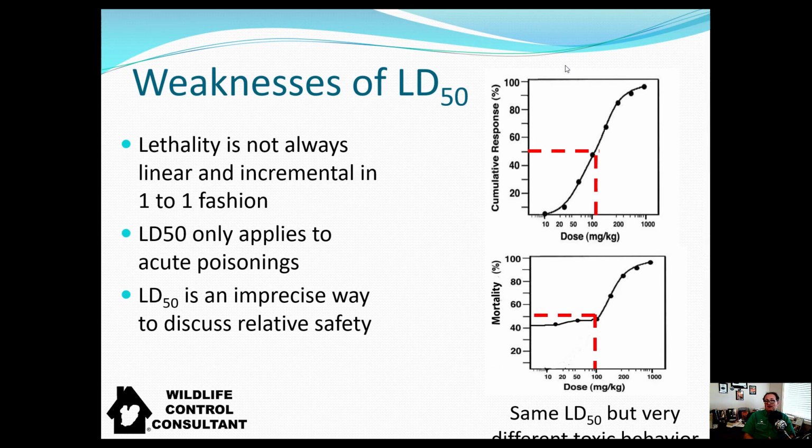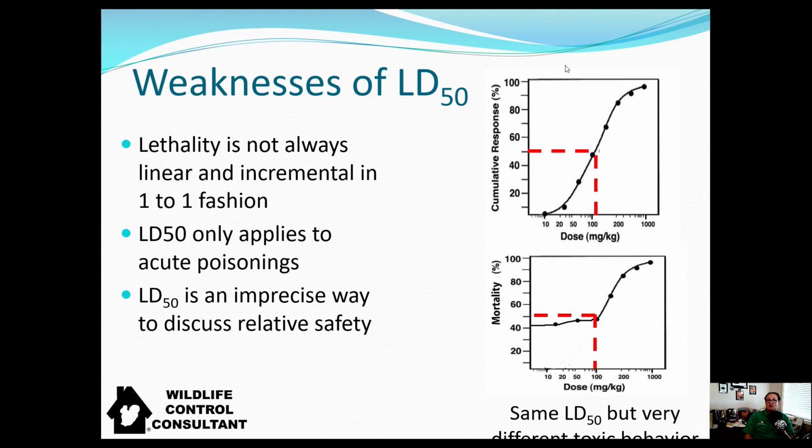So I hope that's been helpful for you to understand a little bit more about LD50. LD50 only deals with acute poisoning. How much does the animal have to eat at once for 50% of the population to die? And then understand that it only helps us in a limited way to understand how to compare toxicant A with toxicant B in terms of their lethality.